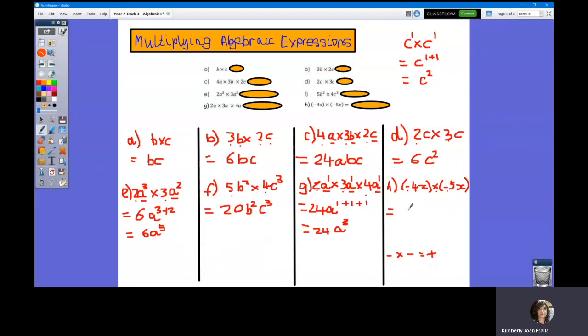So minus times minus gives us a plus. You multiply the coefficients: 4 times 5 gives us 20. x times x gives us x power 1 plus 1, because there is an invisible power of 1 there. Final answer should be 20x squared. And there you have your final answer.